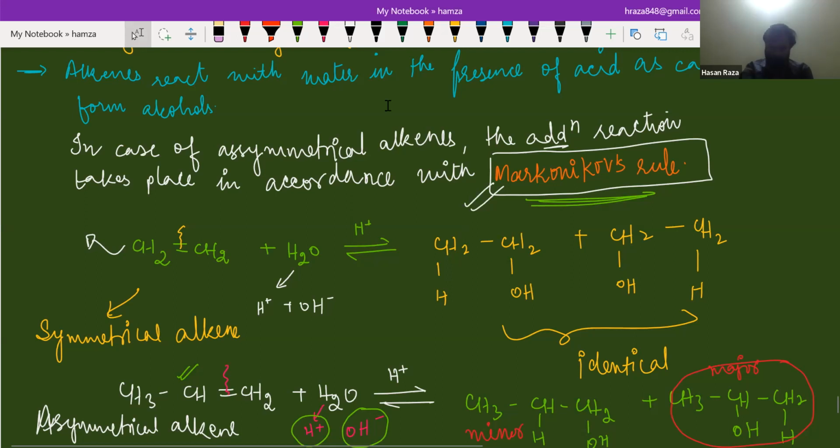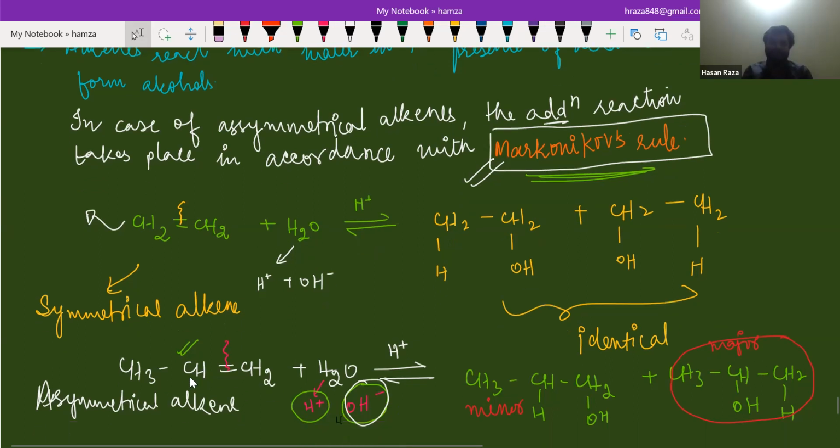The negative part of the addendum will go to that carbon along the double bond which has a lesser number of hydrogens. So that's why OH will go to this carbon, and this will be the major product. And you can also see this is a 2-degree alcohol, this is a 1-degree alcohol. The 2-degree alcohol is more stable here.